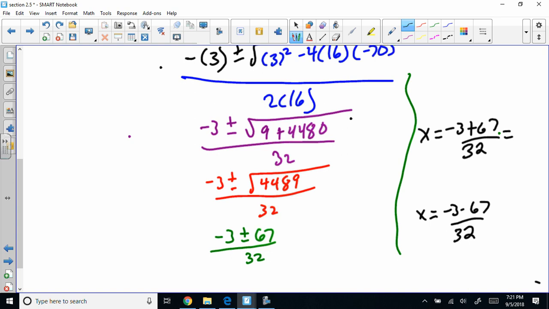It's a copying error. My brain went. Okay, so 64 divided by 32 is what? 2. And then that's negative 70 divided by 32, which is negative 2.1875, right?